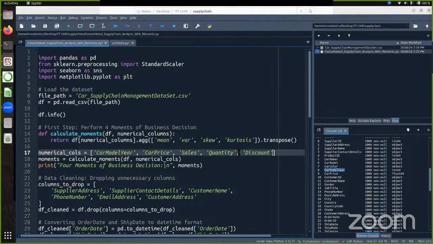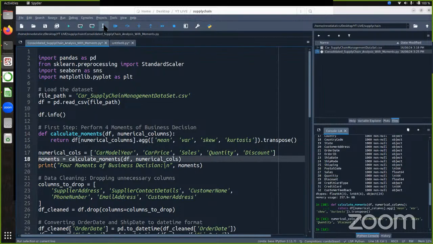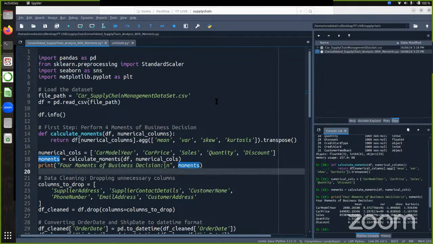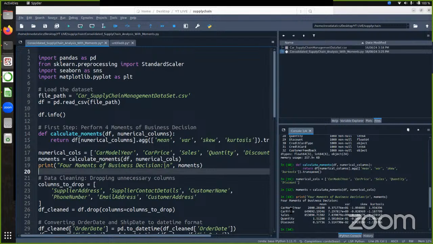So let's take our numerical columns here, and let's extract these values and get the four-moment business decisions. So we have the car model. We are seeing that most of the cars, on average, were around the year 2000.